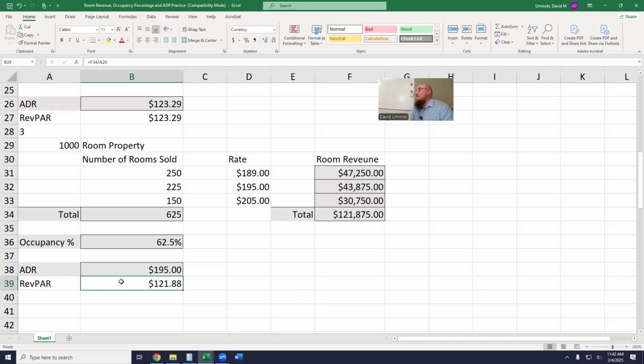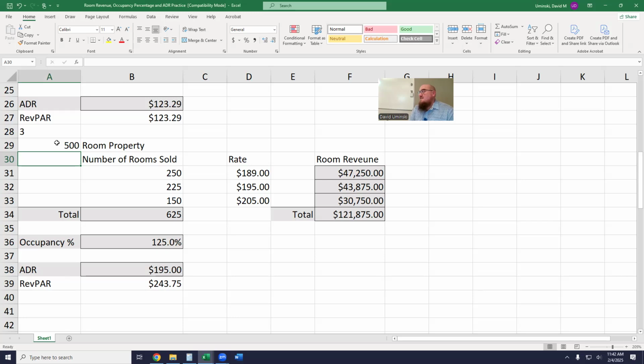The beautiful thing about this is that if you look right here, up at my function bar, there are no numbers up there. It's just cells. So if I decide I want to change this to a 500 room hotel, my RevPAR automatically updates.